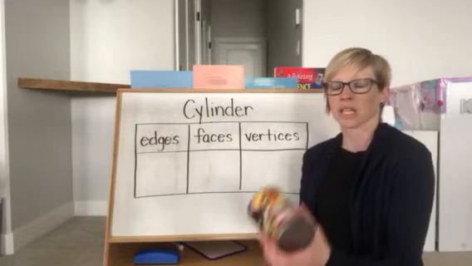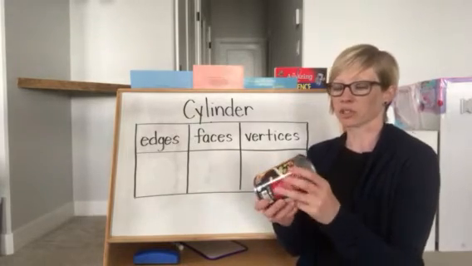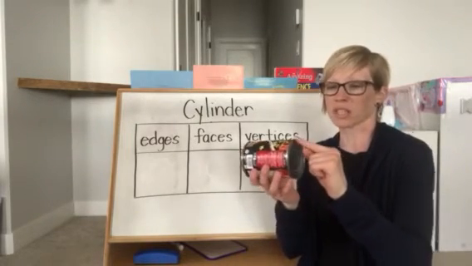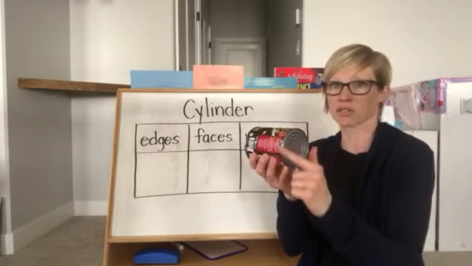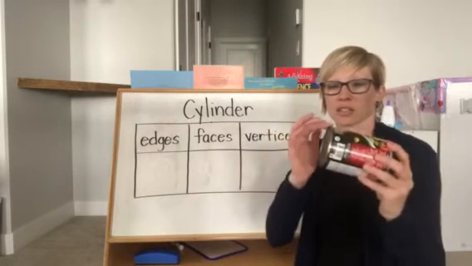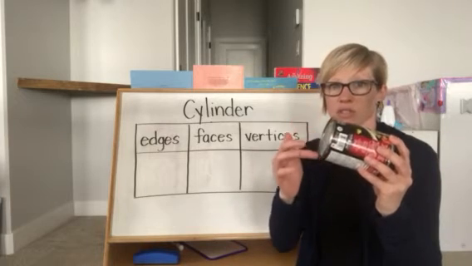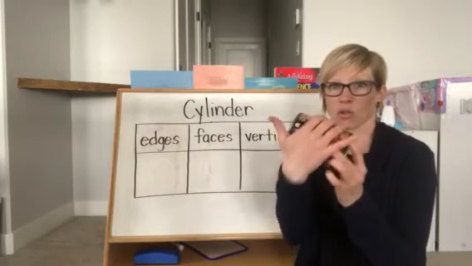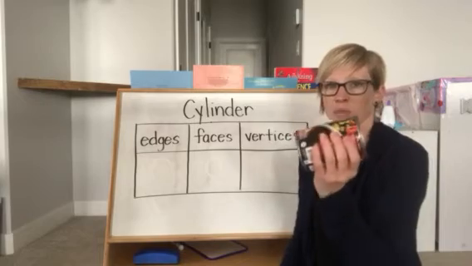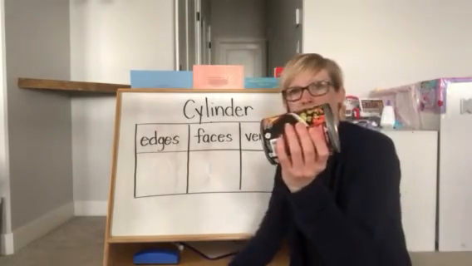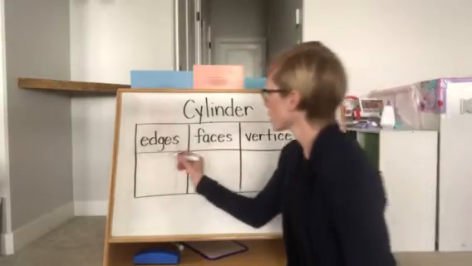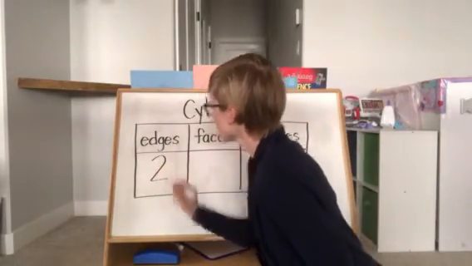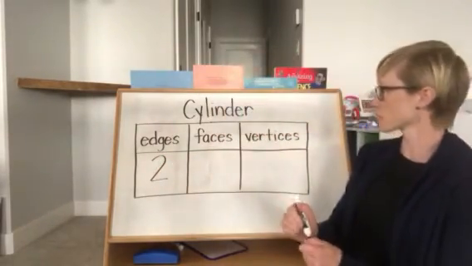So if you have that already, you can probably tell that there's one edge that goes around on this end and there's one edge that goes around on this end, okay? There are no edges around here, so how many edges does that make? 2, yes. Okay, so there are 2 edges on a cylinder.